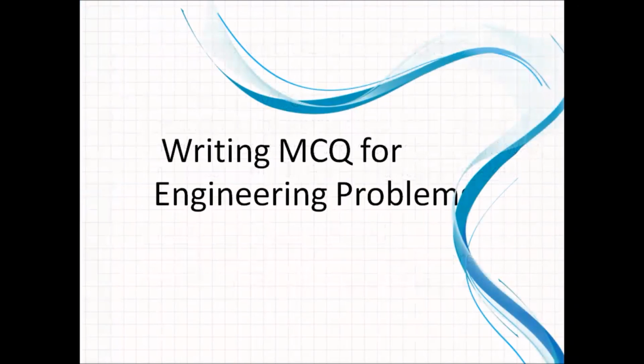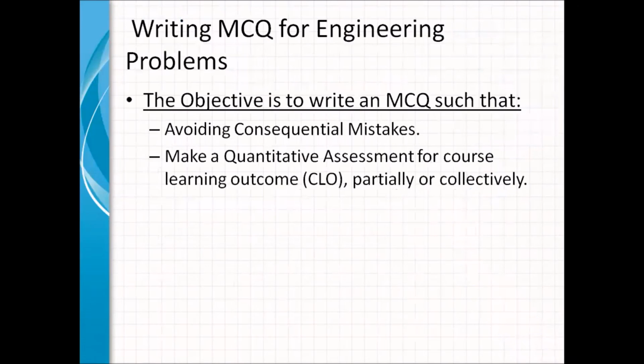Okay, so let's first discuss how to write MCQ questions for engineering problems. The objective here is to write the MCQ such that we avoid consequential mistakes, to make a quantitative assessment for course learning outcomes, partially or collectively.